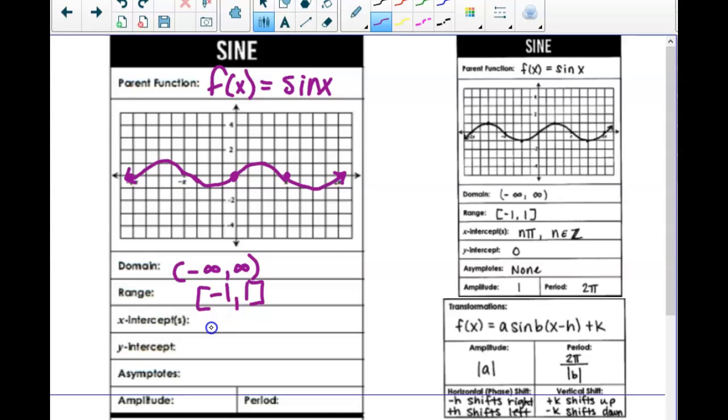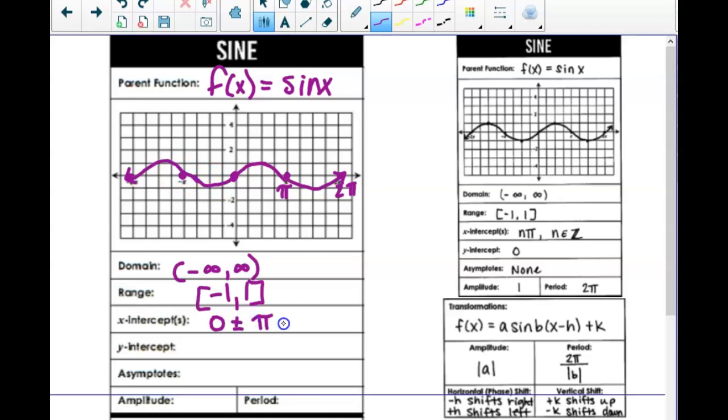Now the x-intercepts, well, this one starts at 0, 0. But where does it cross again? Do you remember what this label was? It goes pi, 2 pi, 3 pi, 4 pi. We can't list them all. So they would say you could add or subtract, because you could also go this way, multiples of pi.